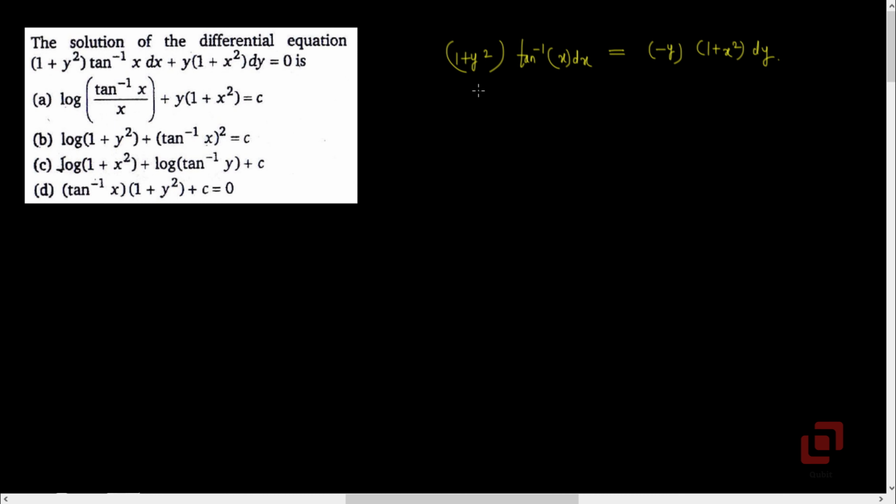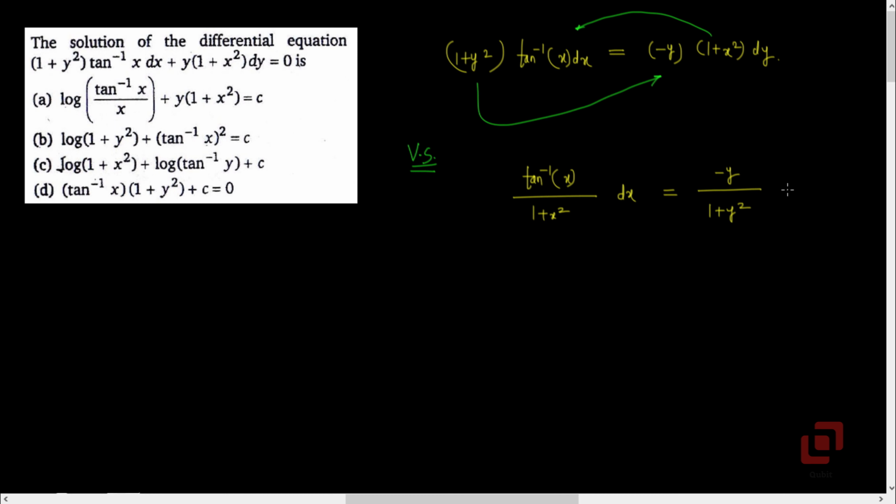Note that by shifting 1 plus y squared to the right hand side and 1 plus x squared to the left hand side, this differential equation will then be of variables separable type. So let us shift the terms, which will give us tan inverse of x upon 1 plus x squared dx equal to minus y upon 1 plus y squared dy.